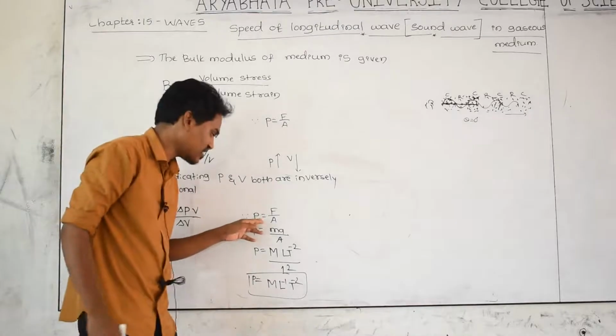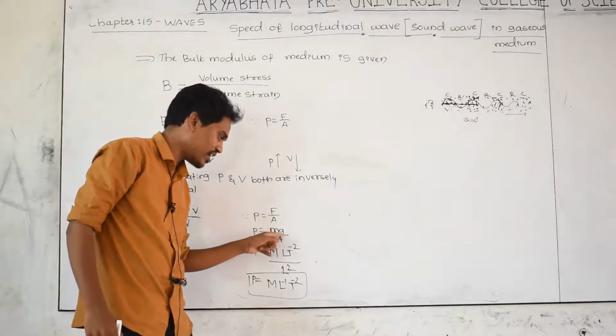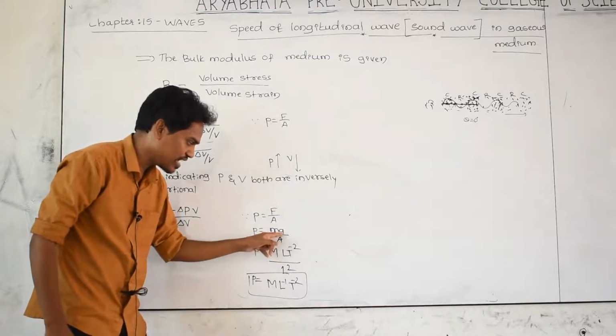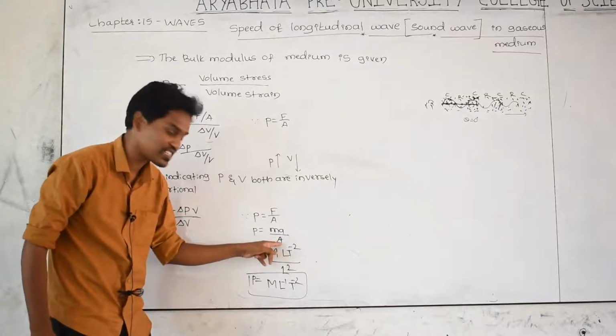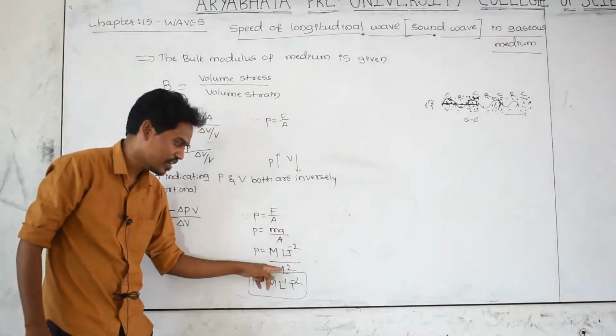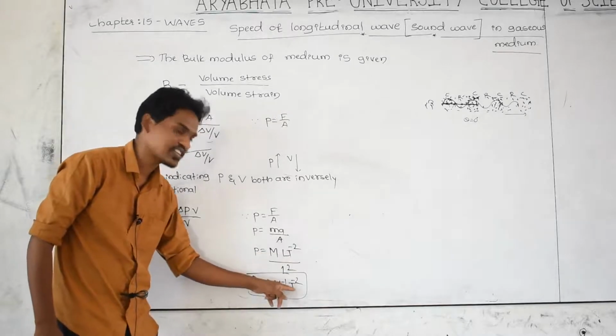Dimensional formula of pressure: P is equal to force per unit area, F equal to M A, M is mass, A is acceleration, L T raised to minus 2, area is side into side, that is L square. Take L square on the numerator, P is equal to M L raised to minus 1, T raised to minus 2.